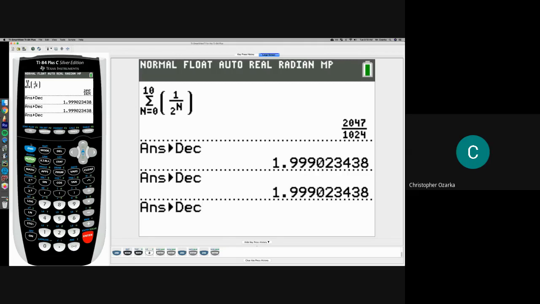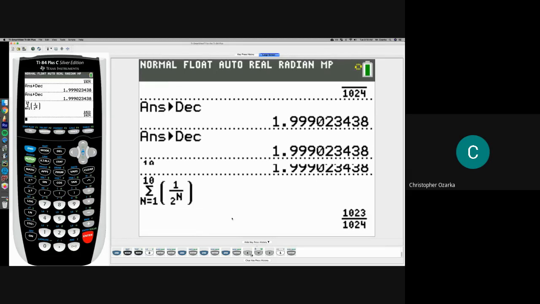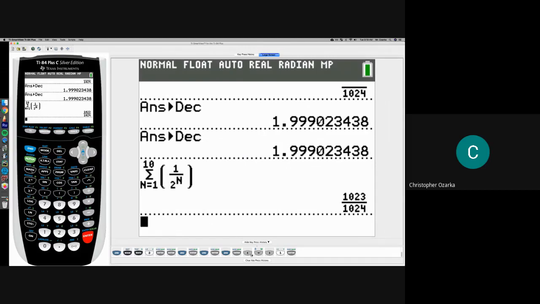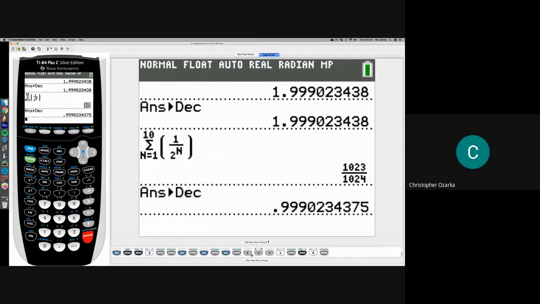That's why I ended up with 1 more than I'm supposed to get. Okay, here we go. And then I'm going to force it to be a decimal, and you can see 0.99. Okay, that's just for 10.